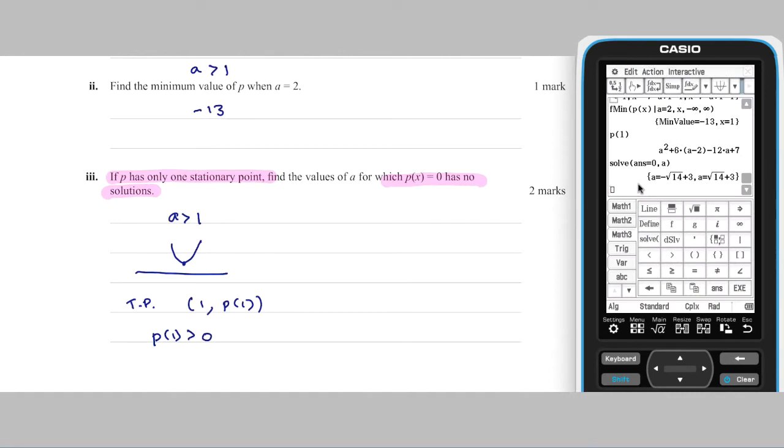This allows us to draw a sign diagram for p of 1. The values of a we require will fall in the region a greater than 3 plus root 14, as it must also satisfy the requirement a greater than 1.